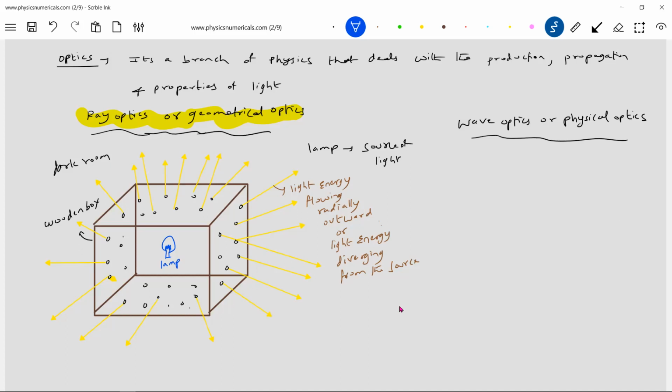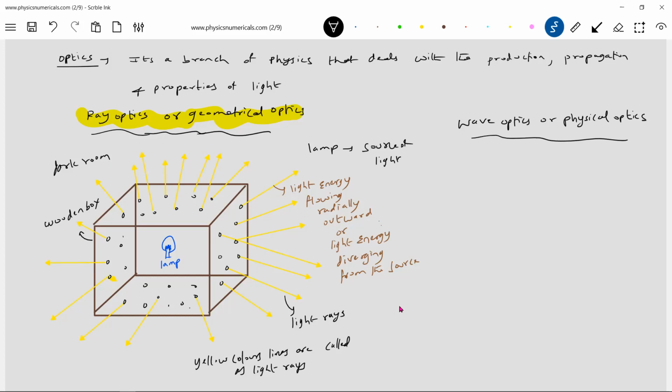So shall we call this some sort of ray? Instead of light energy flowing radially outward, I'll call them light rays. These yellow color lines are called light rays.